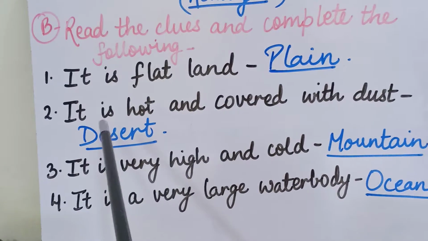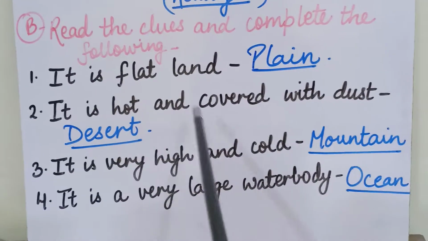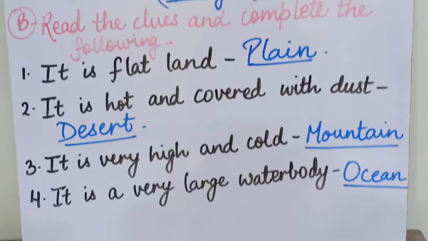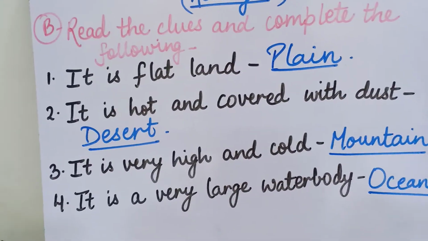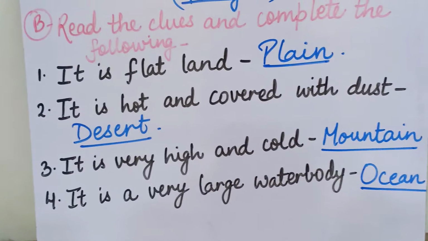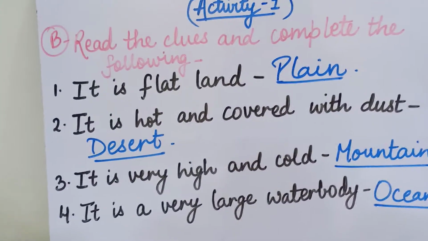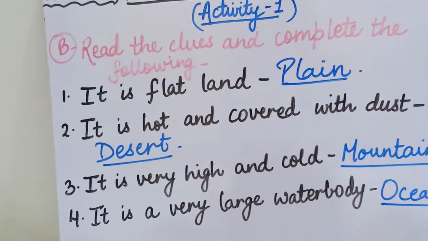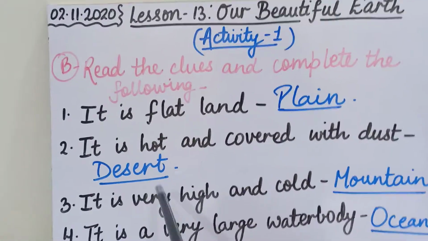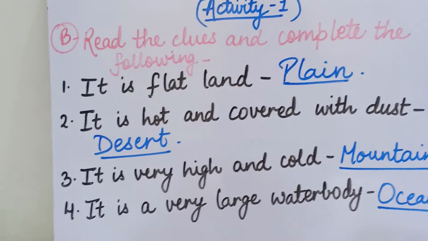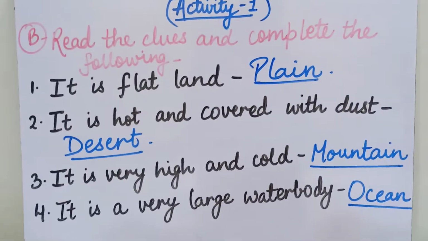Now coming to the second one, it is hot and covered with dust. This is a very hot place, always covered with sand and dust. So what is that area called? Desert, DESERT, desert, where it is very hot and always covered with dust.